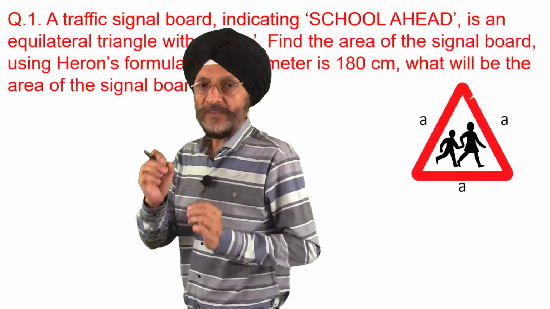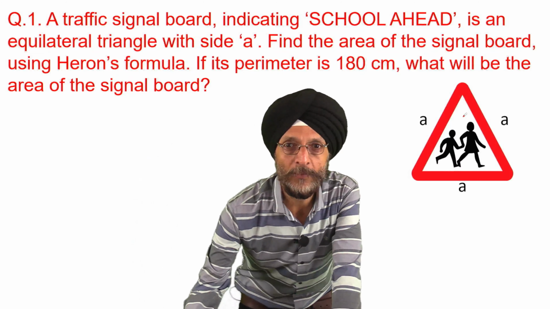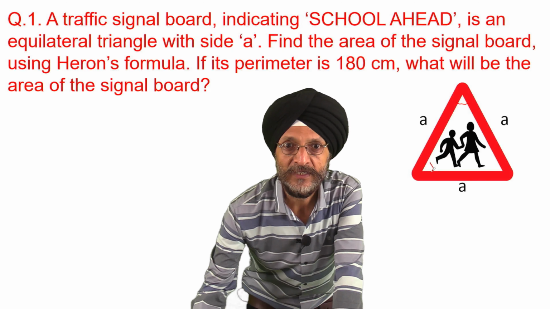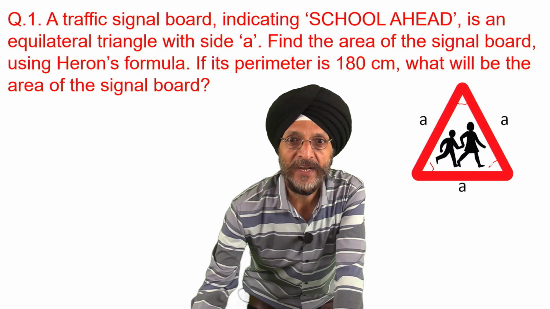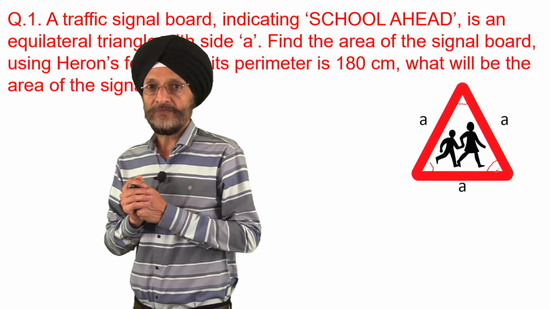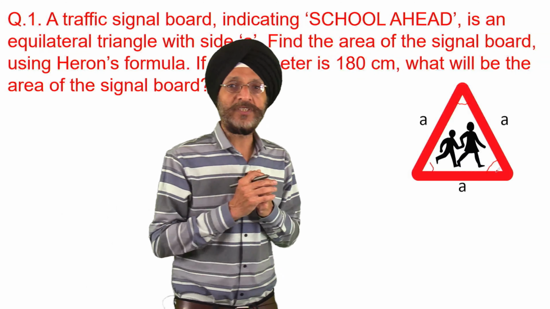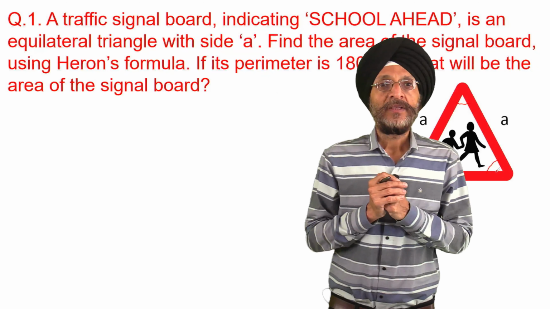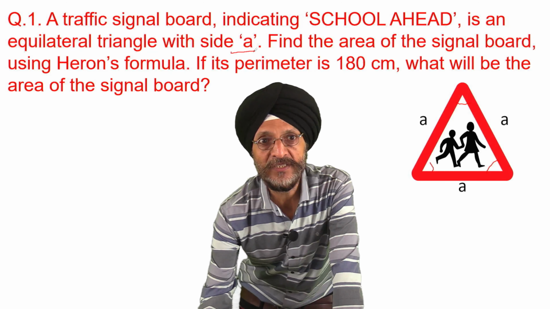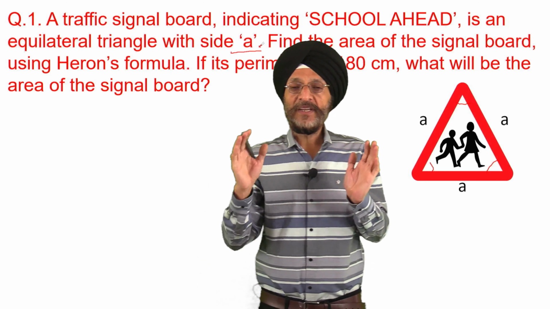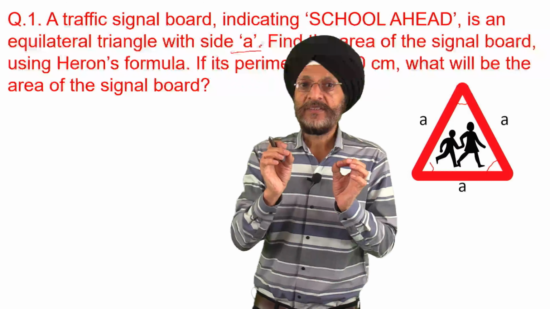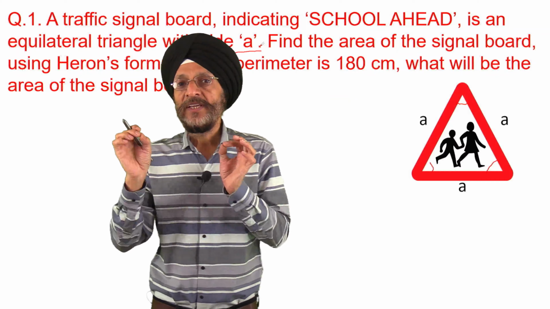Further, all the angles formed inside are also equal, and each angle is 60 degrees. Here in this question, it is given that an equilateral triangle is with side a. It means that when all the sides are equal, we can easily presume that each side is a centimeter.